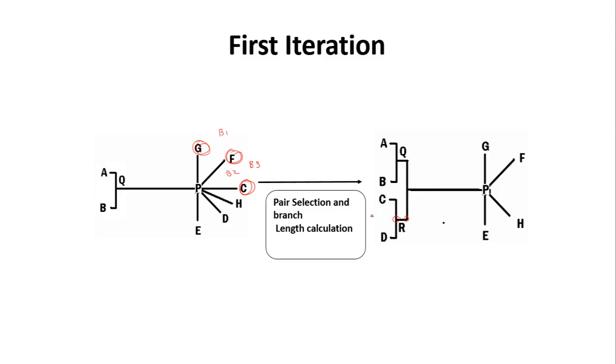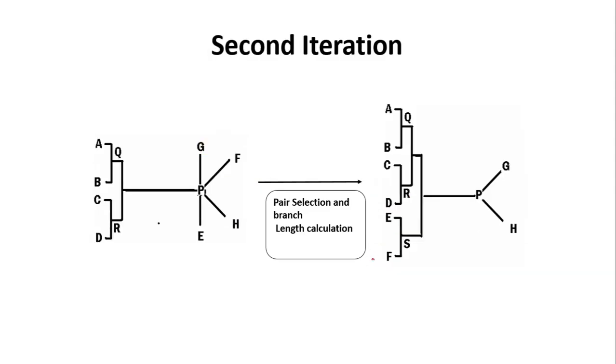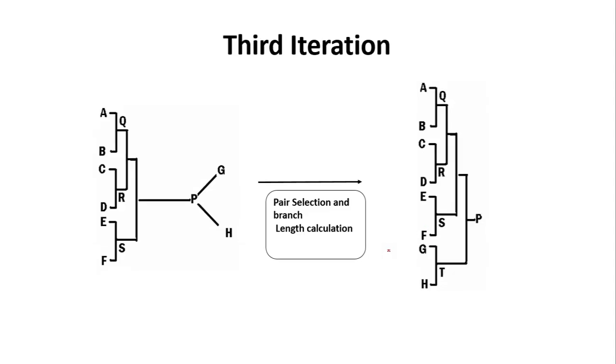In the second iteration you would identify another pair. In the third iteration you would identify another pair. In this way you would go on. At the end of the third iteration you would end up generating a phylogenetic tree as shown over here.